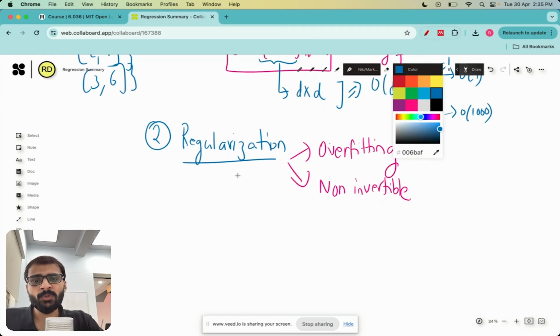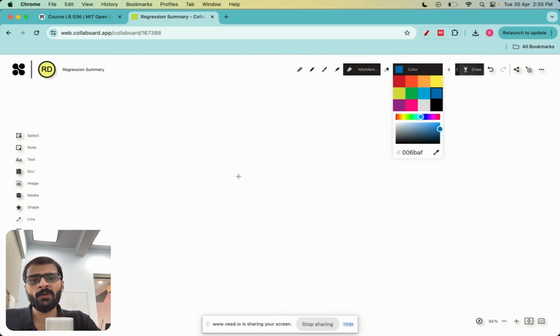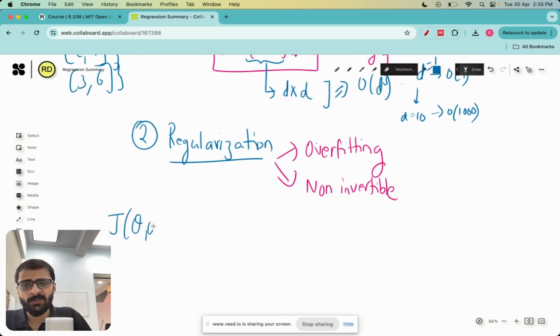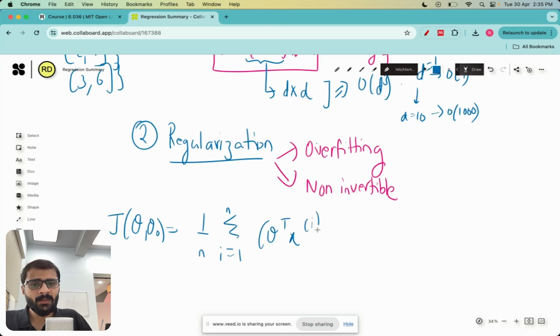The reason it solves both these problems is that, first of all, when we regularize, the loss function becomes different. The loss function J of theta, theta naught is 1 by n, sigma i goes from 1 to n, (theta transpose xi plus theta naught minus yi) squared. When I say loss function becomes different, I mean the objective function becomes different.